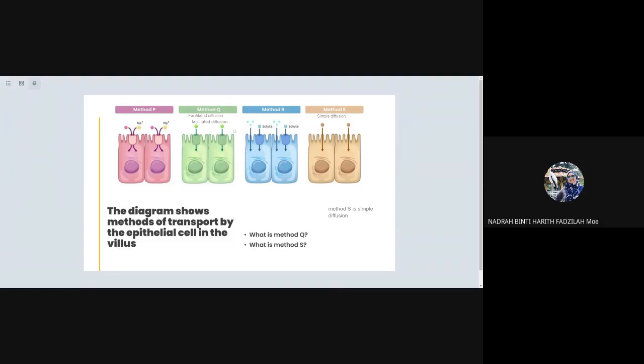We can see the presence of transport protein in method Q, whereas in method S, we can see no transport protein there. So, it simply diffuse across phospholipid bilayer kan? So, it is a type of simple diffusion.